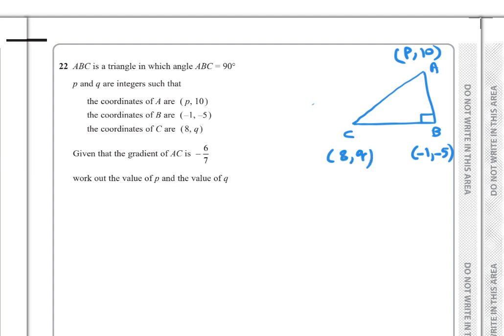The gradient of AC is -6/7. Now we need to find the value of B and the value of Q.